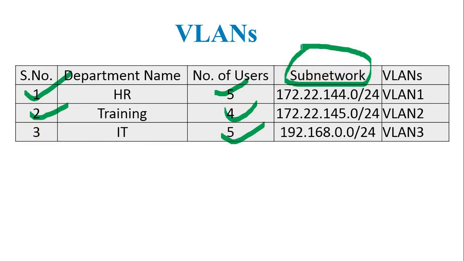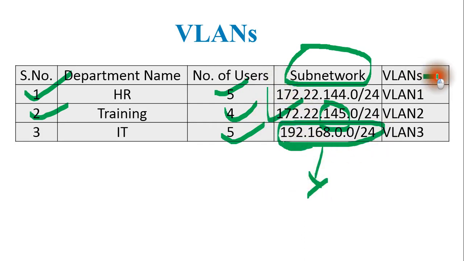One is 172.22.144.24 with subnet mask, VLAN 1, and the second one is 145, and the third one I will keep 192 only. This is class B, this is class C. So I will create 3 VLANs, and I will have 3 separate networks and 3 departments.